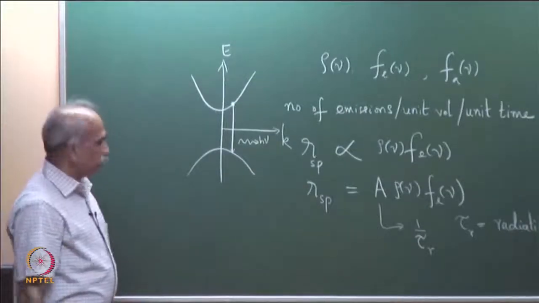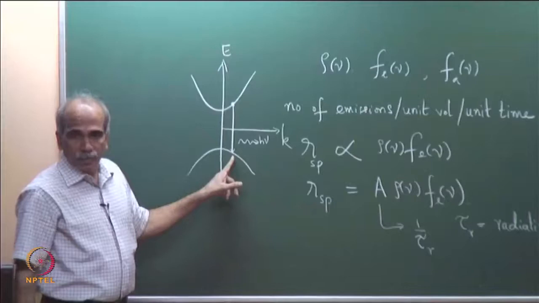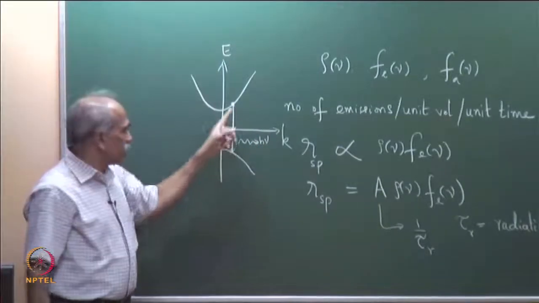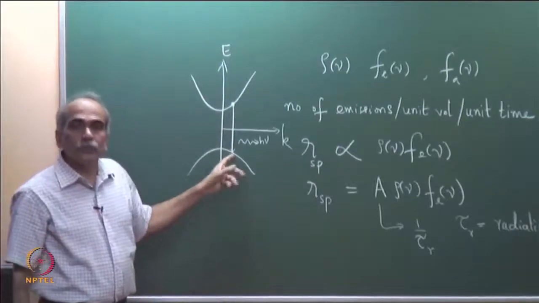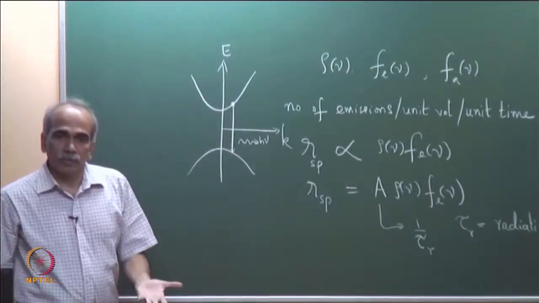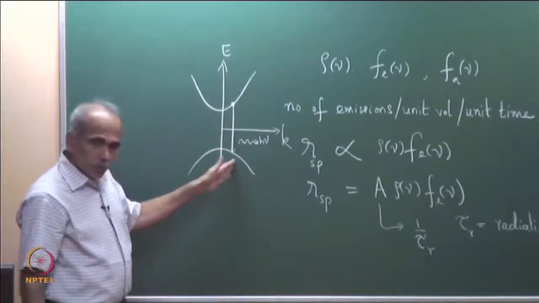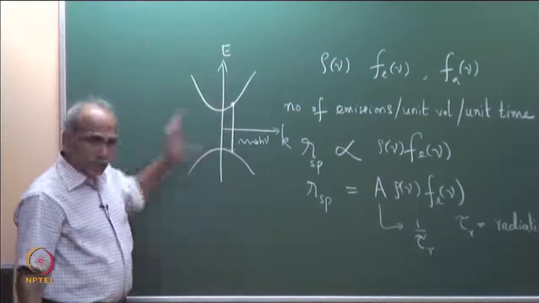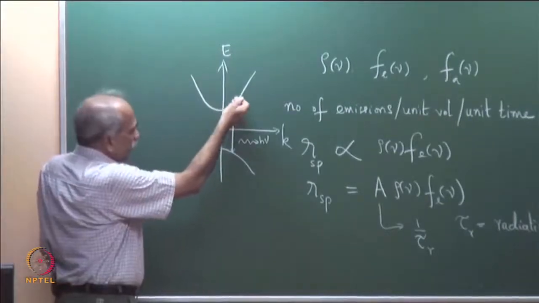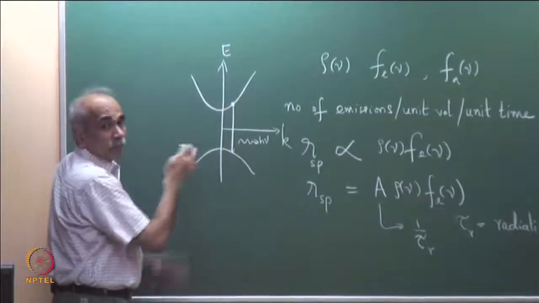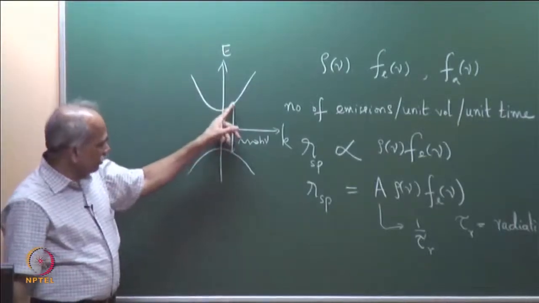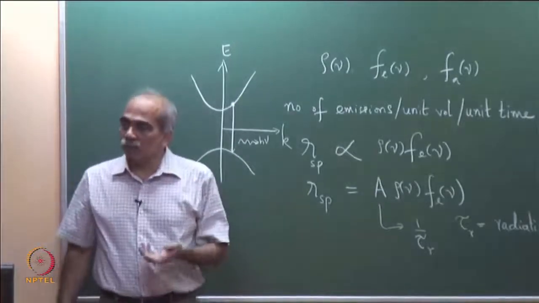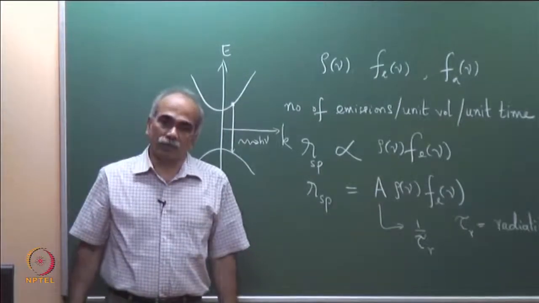It is also possible that this recombination may not result in the emission of a photon at all. This recombination is also possible through phonon emissions. Vertical transitions are also possible with phonon emissions, or it may make an oblique transition, but the point is that a transition from conduction band to valence band may take place with or without emission of a photon.